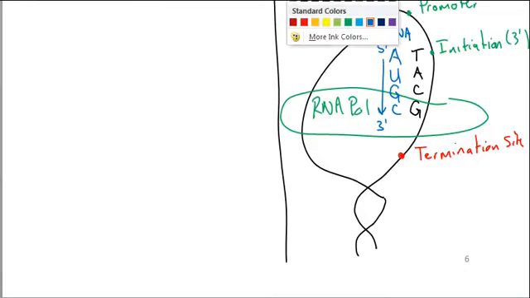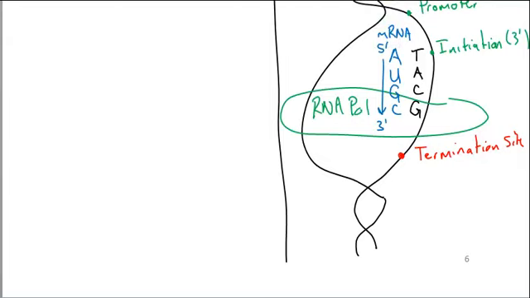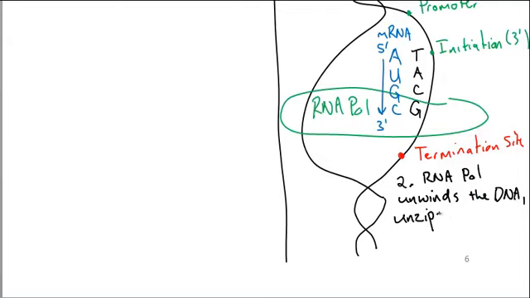Okay. So just to go over what happened. So step 2, RNA Paul unwinds. That was like topoisomerase in replication. So it unwinds the DNA. Then it unzips the DNA like helicase did in replication.